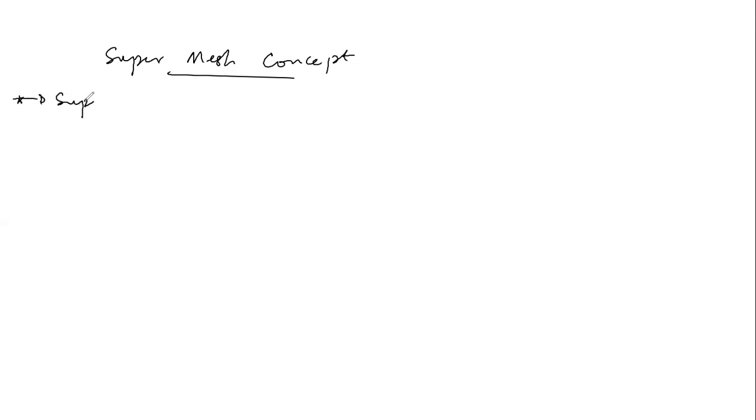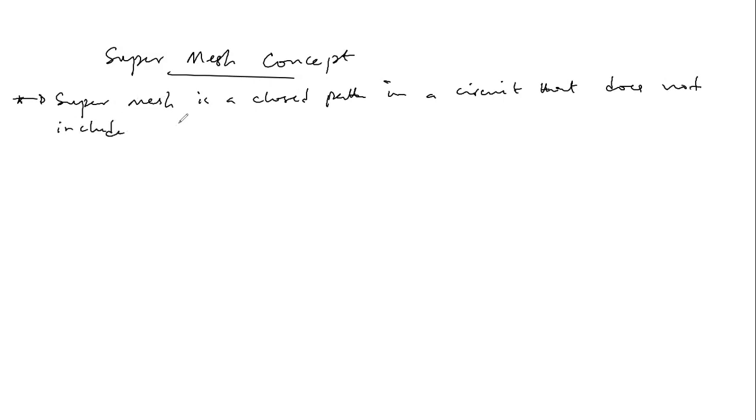A super mesh is a closed path in a circuit that does not include the current source.